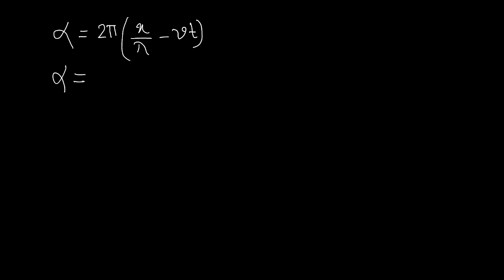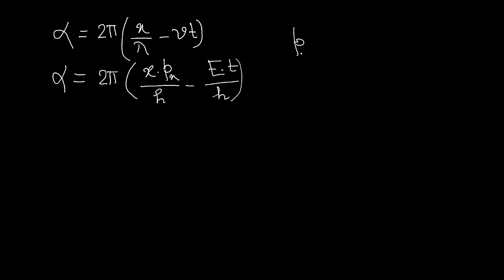We replace lambda with h by p, so we get x times px by h. On the other side, E times t by h. Here px is the momentum along the x-axis.